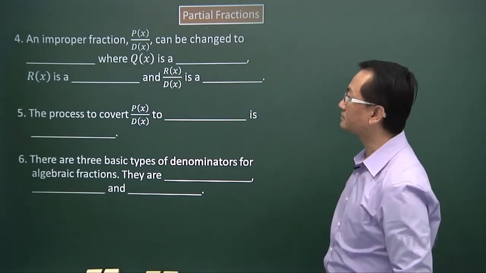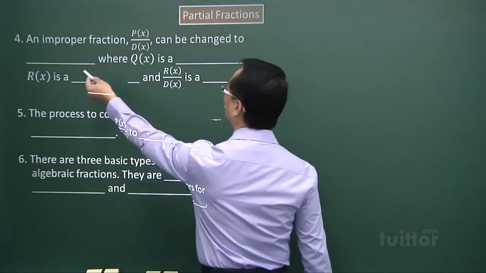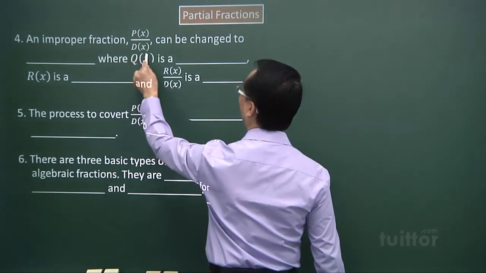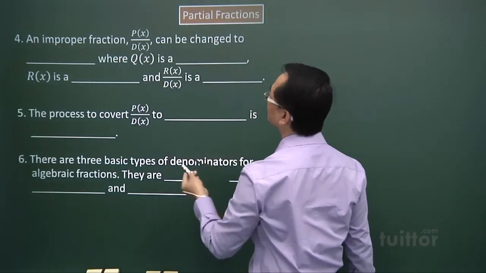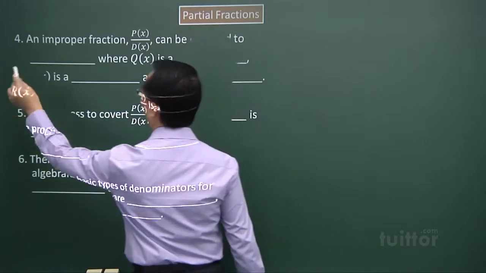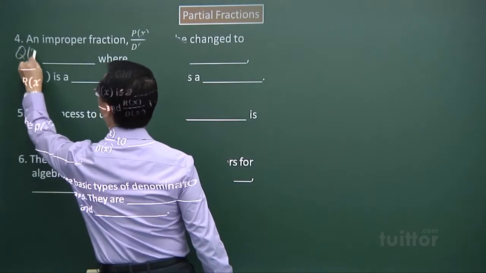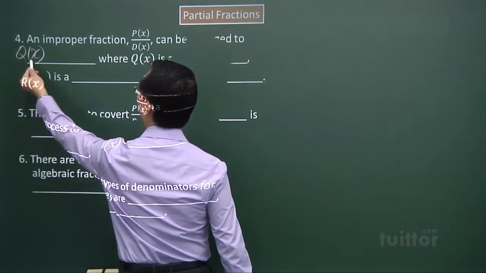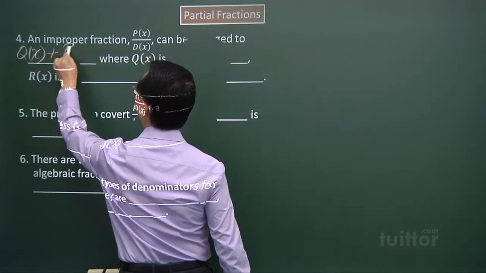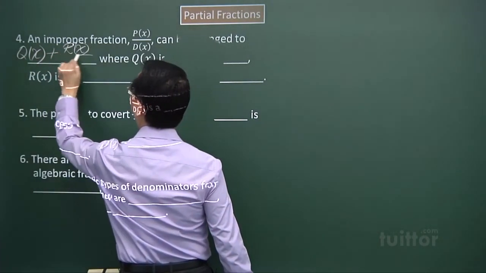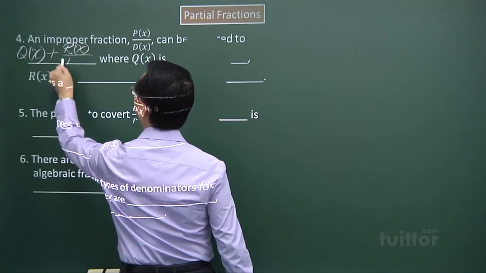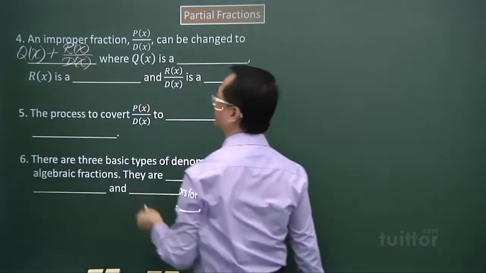For point 4, an improper fraction can be changed to Q(x) plus R(x) over D(x).